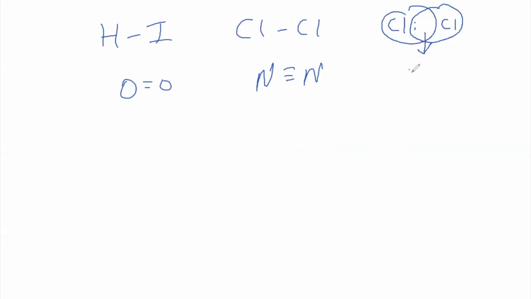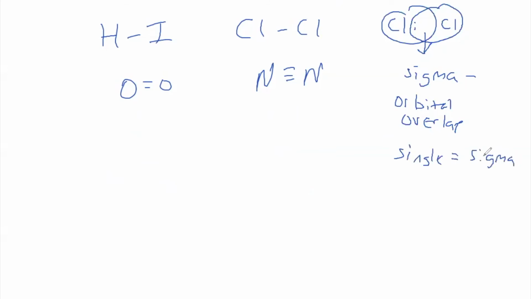So when you have orbitals overlapping. And that's always for one single bond. So one single bond is always a sigma. So Cl2 and HI would be sigma? Exactly.